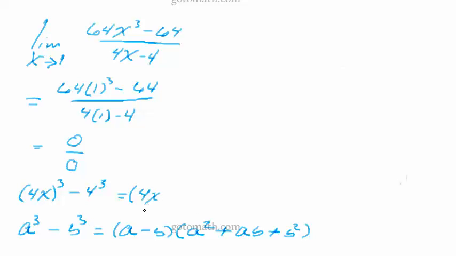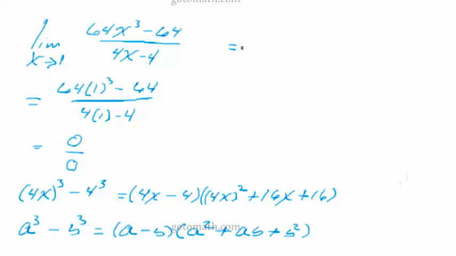So we have 4x minus, this is our b, 4. And then we have, this is our a, remember. So this is 4x quantity squared plus a times b, so this would be 4x times 4, which is 16x. Alright, and then we got b squared, so that would be 4 squared is 16. Okay, that's all you got to do.